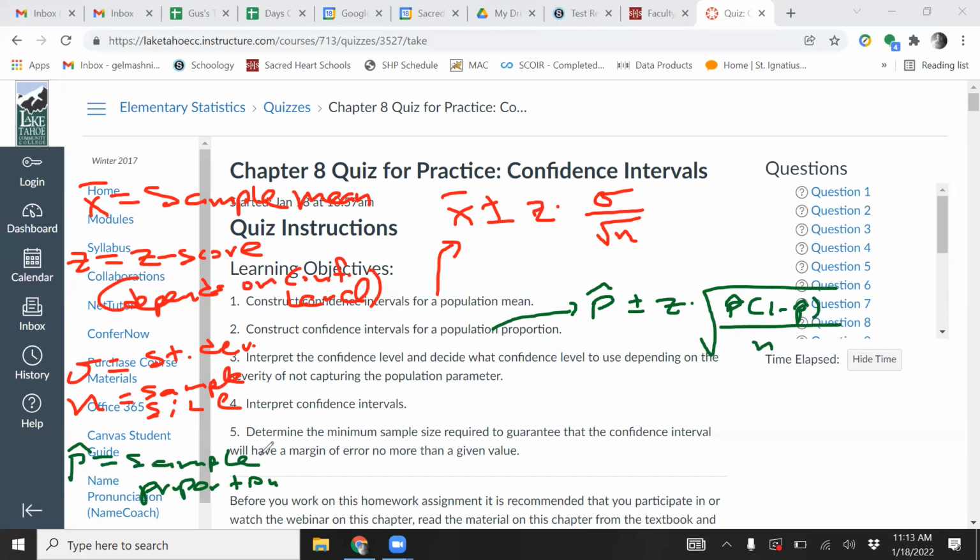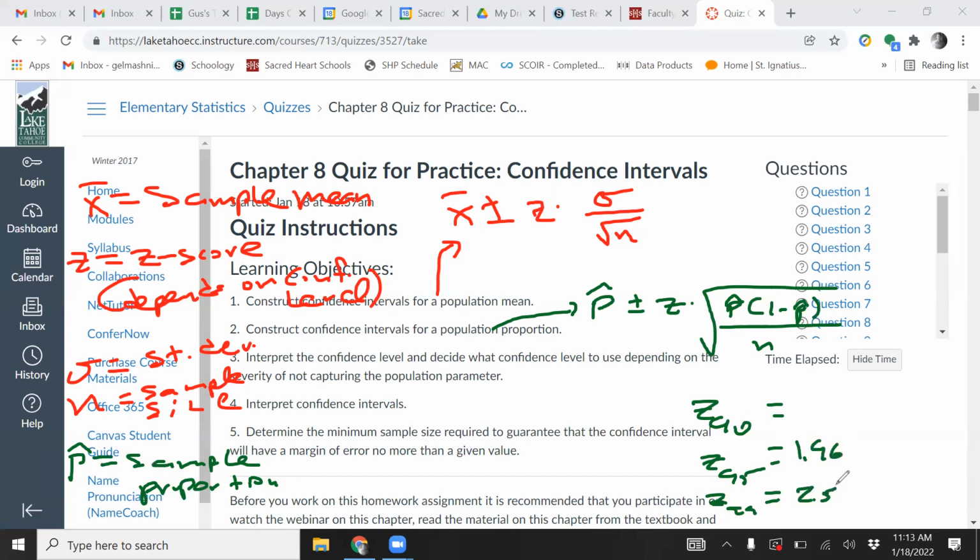So those are the formulas you need to know. And I'll give these to you, so not that hard. And also I'll give you the Z scores. I'm going based off memory. I'm pretty sure this is 1.96.